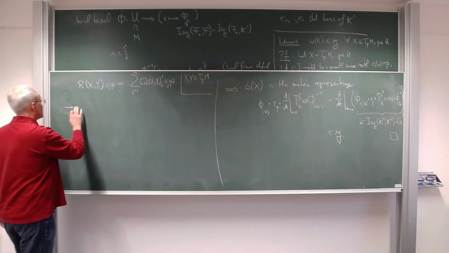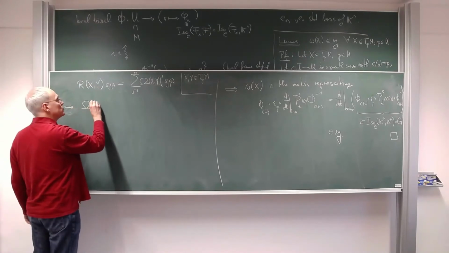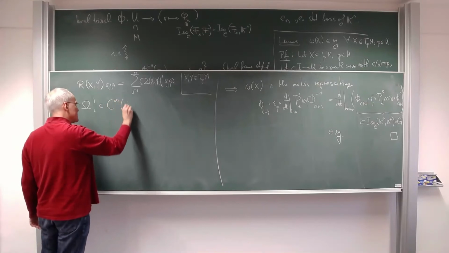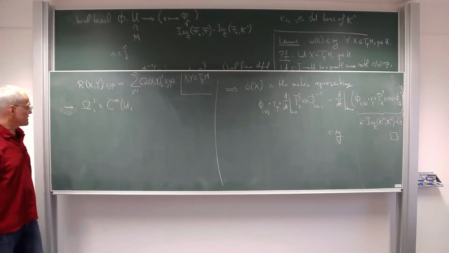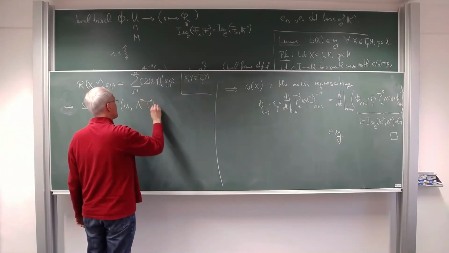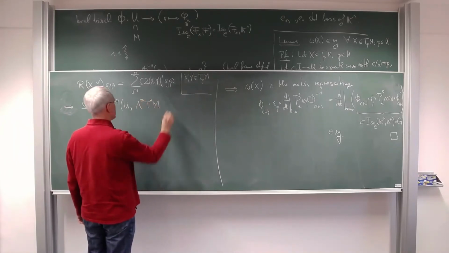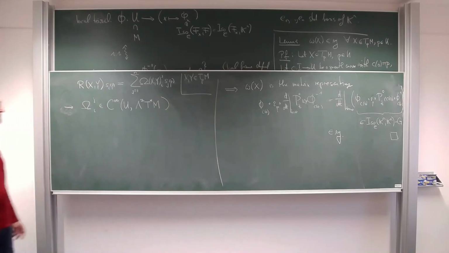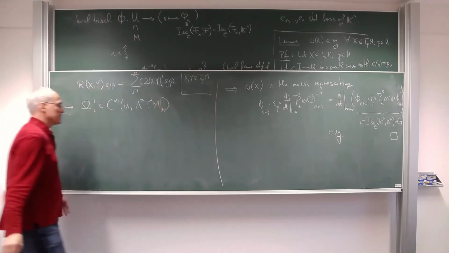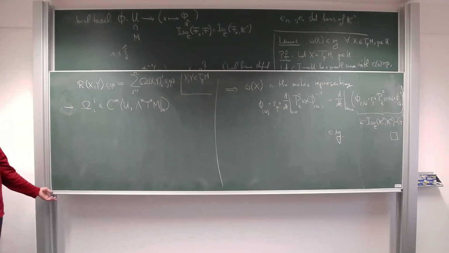Then we obtain these two-forms. So there are two-forms defined on this open subset, restricted to U, or the cotangent bundle of U, if you like.